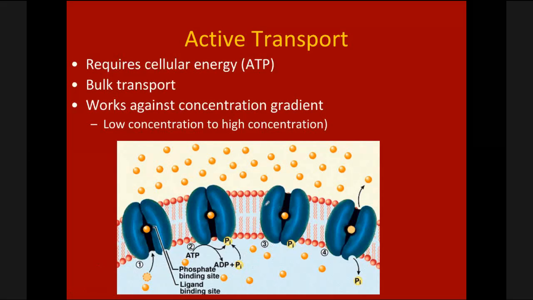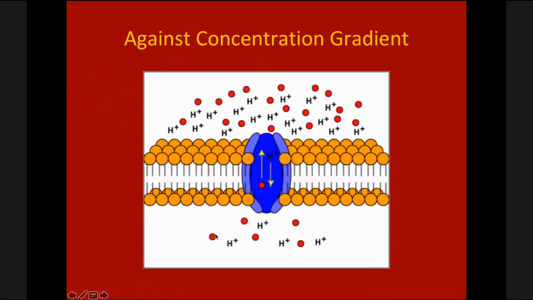In this case, here you can see your plasma membrane. There's a high concentration of your orange solute, and notice how it's in lower concentration here. We're having to invest ATP energy to pump that solute from an area of low concentration to an area of high concentration, against its concentration gradient. It takes energy. Those molecules do not want to move in that direction. This is a concept we're going to talk about a lot in the next couple of lectures.